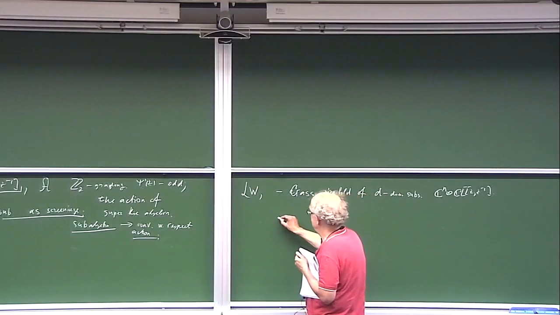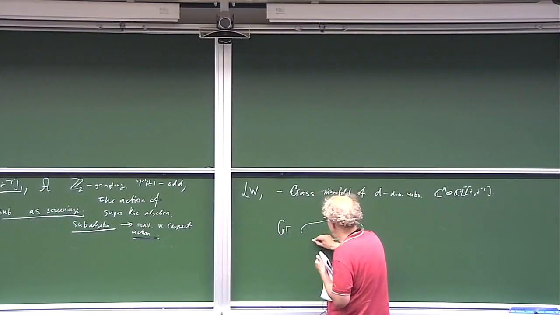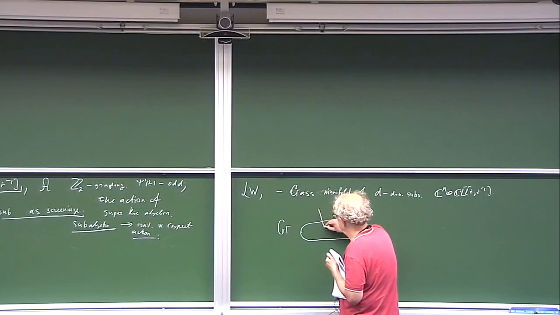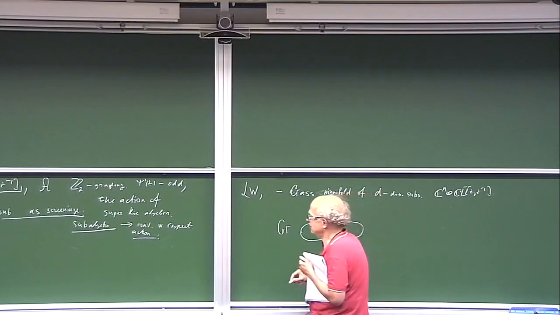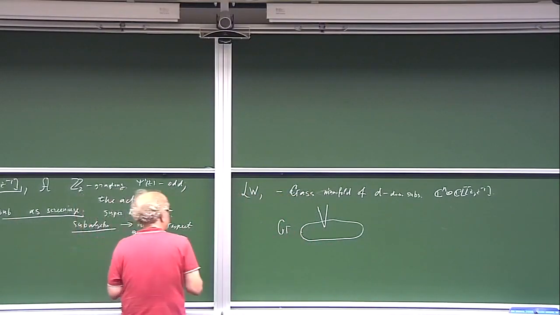Anyway, the construction gives us the following. We have this Grassmannian manifold. This is a big one. And at each point lives the stabilizer of the corresponding algebra.